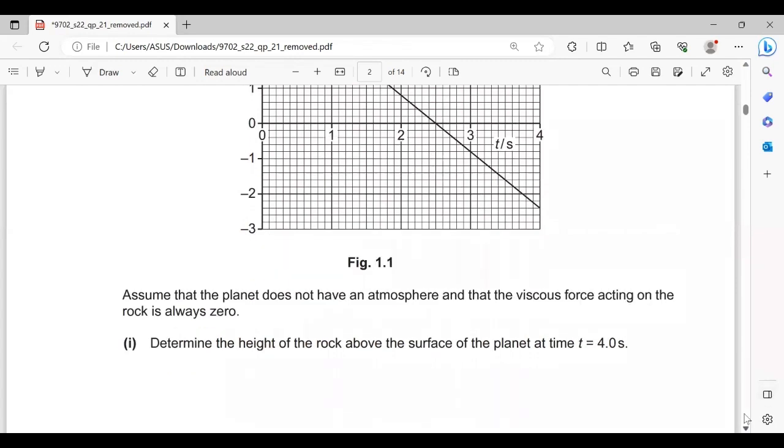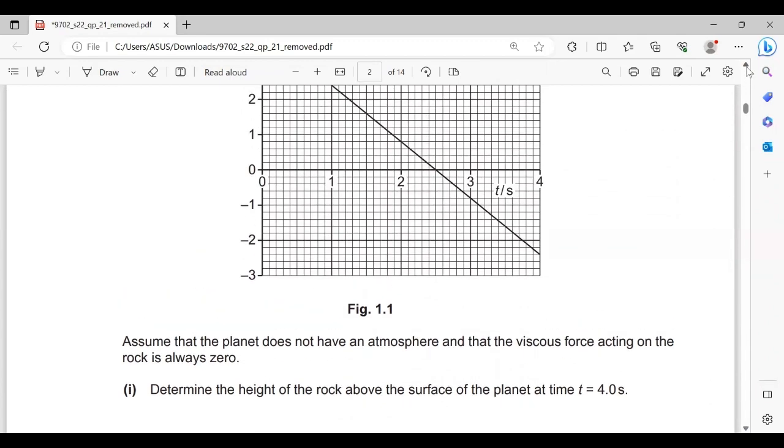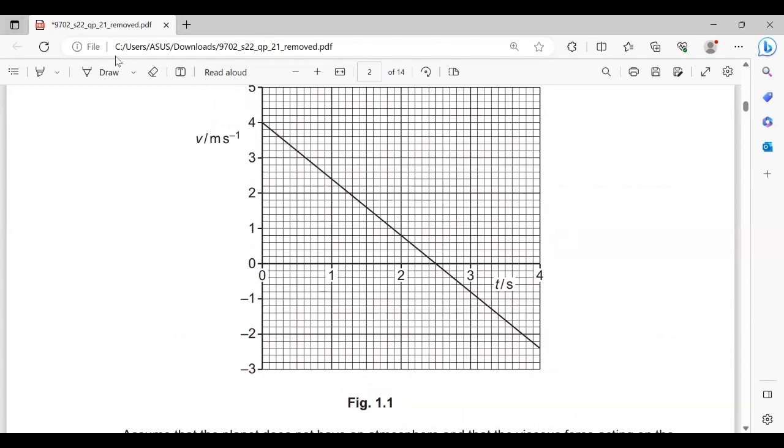Okay, let me find the solution. We are going to calculate height, which means we calculate the area under the graph, the first triangle and the second triangle.